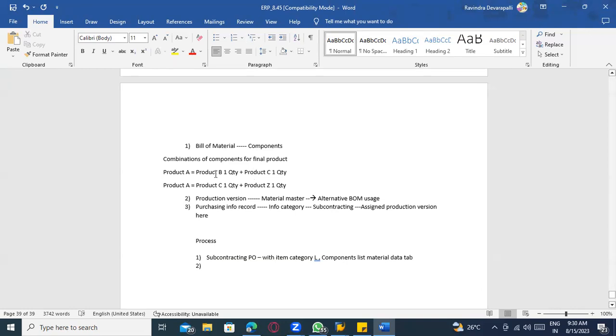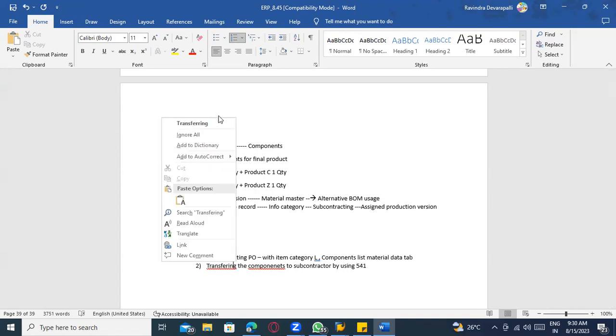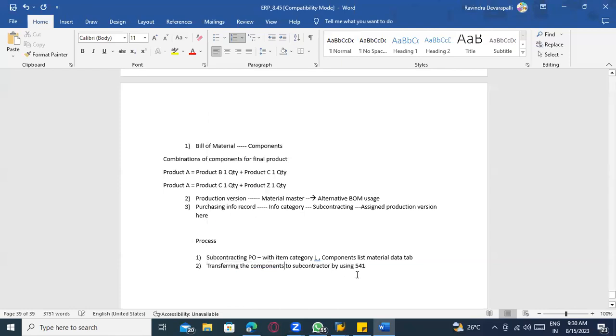The vendor is expecting that when I get product B and product C, then I can make product A. So my company is transferring the stock, the components, to the subcontractor by using movement type 541. Okay, 541. Since it is just transferring the stock, ownership is not changed and it is not consumed yet, it is still my own stock, so there is no impact in the accounting.